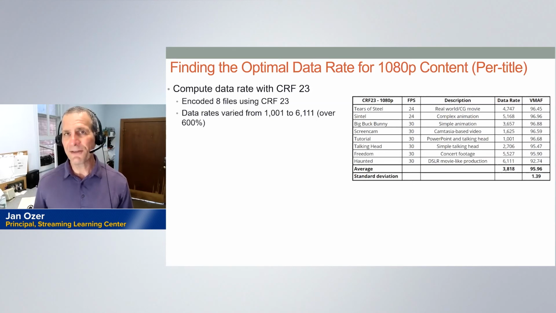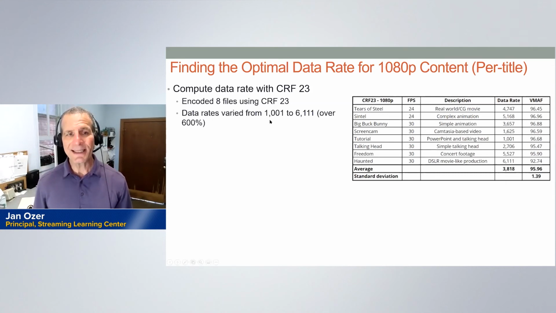We spoke 10-15 minutes ago about the fact that any score above 93 is going to be pretty much perfect to the viewer. So with a tutorial, 1 megabit per second did it. With a movie-like production, 6 megabits gave me 92.74, so I'm almost there. Probably a pretty high quality video file.